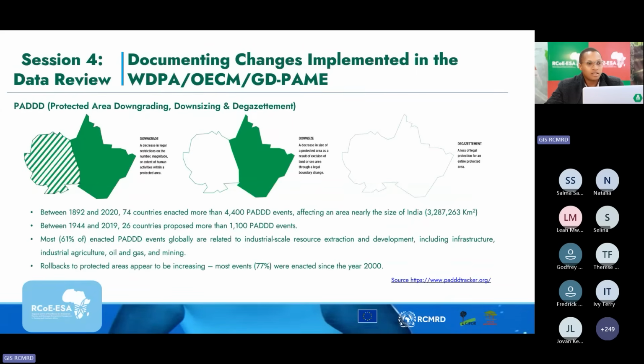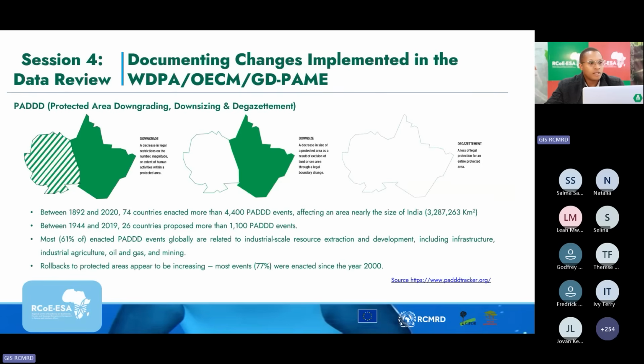These were some of the challenges that were being talked about in the previous sessions regarding the effects of human encroachment or the increasing population, and now we end up having these PAD events to ensure that we have more space to allocate for infrastructure and development.